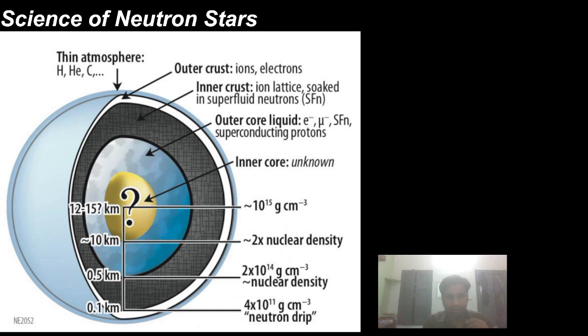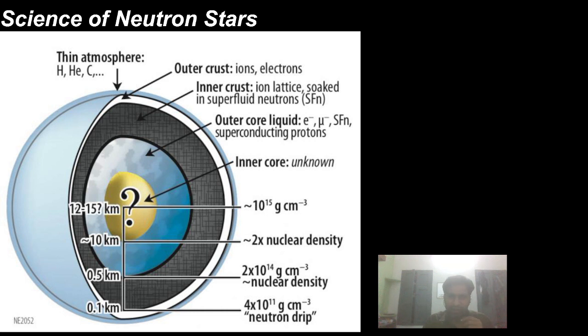Okay, there are so many theoretical calculations available on this phenomenon, that in the interior of a neutron star core, a neutron matter to quark matter transition takes place, and the interior of the neutron star contains quarks.